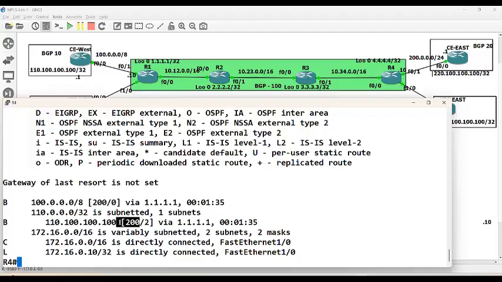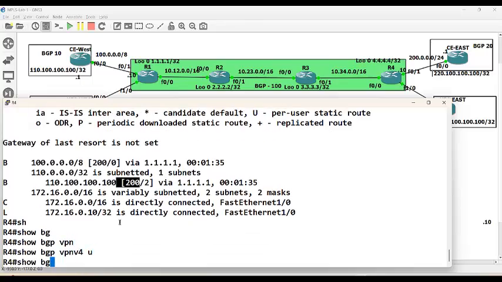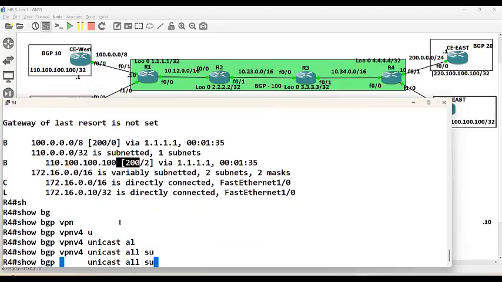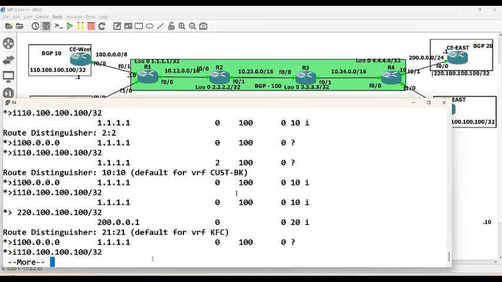I want to show you that. Show BGP VPNv4 unicast all VRF summary. This will show you the neighbor only. It shows that it has learned 4 prefixes from 1.1.1.1. Now I'm going to cut the summary and show you that. Look at this.